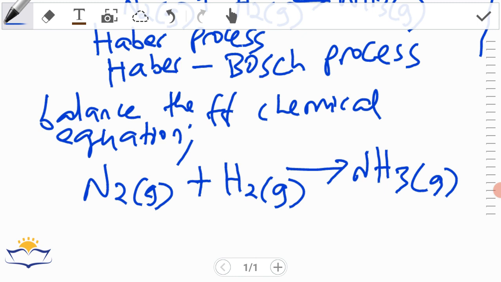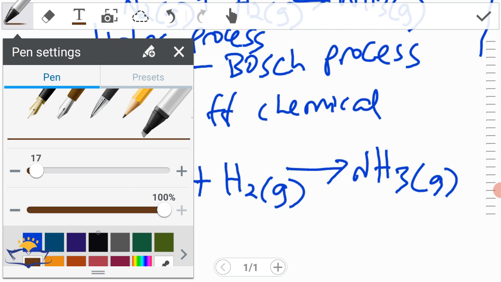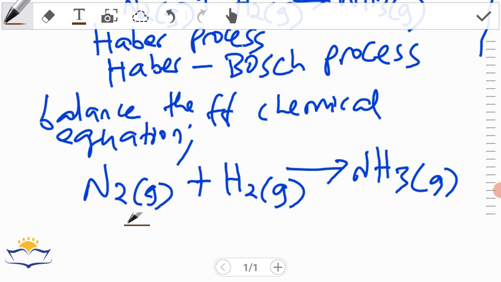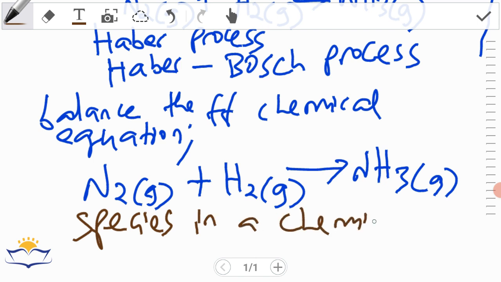You do that by realizing the species involved in the reaction. By species I mean any product or reactant, the elements and compounds. An element can be a species in a chemical reaction, and a compound can be a species in a chemical reaction.